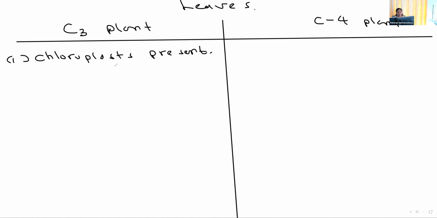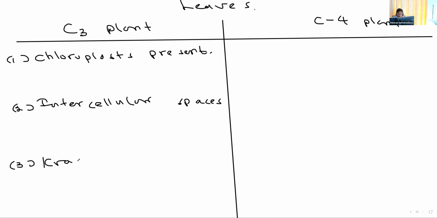Identify the cell types that are going to have the chloroplasts. Write down whether the intercellular space is present or not. Present or absent, you can put the ticks. And then which one is going to have the Kranz anatomy and which one doesn't. Second and the third, put the ticks. First one, write down the location. This is the only thing you have to know for next week, C3 versus C4 plant structures.